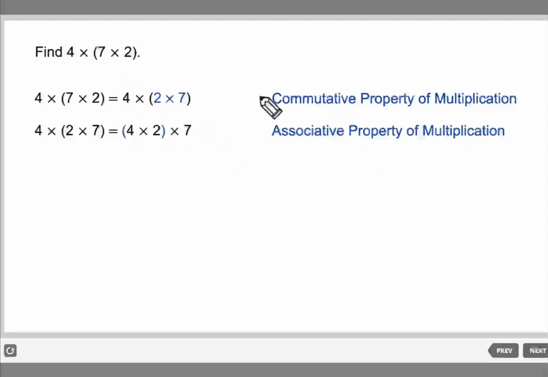Look at the brackets, these brackets. It's here. Then we get it here. What is the meaning of this? Instead of multiplying 2 by 7 first, we can multiply 4 by 2 first. So, let's multiply 4 by 2. What is 4 multiplied by 2?